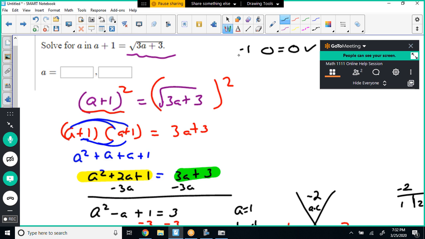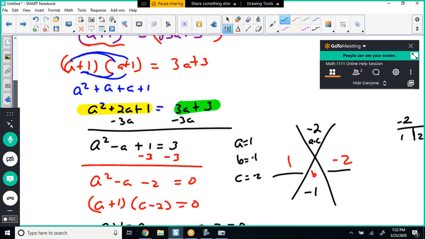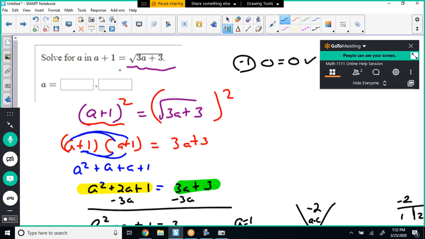So negative 1 checks out, right? Okay. Now let's go check 2, right? So 2 plus 1 is what? 3. And then 3 times 2 is 6. 6 plus 3 is 9. Square root of 9 is 3. So boom. So negative 1 and 2 all check out.